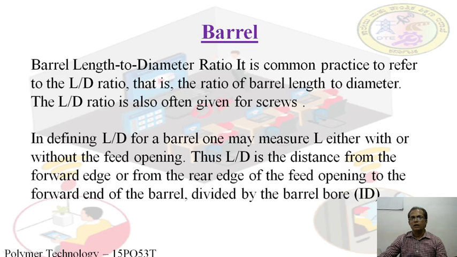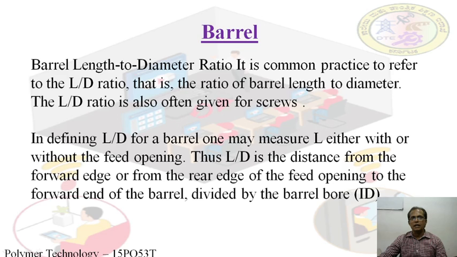So, barrel length to diameter ratio, it is common practice to refer to the LD ratio, that is the ratio of barrel length to diameter. It is also often given for screws.